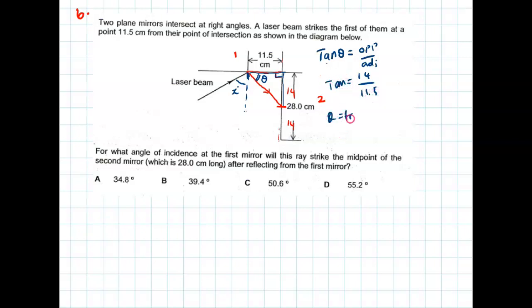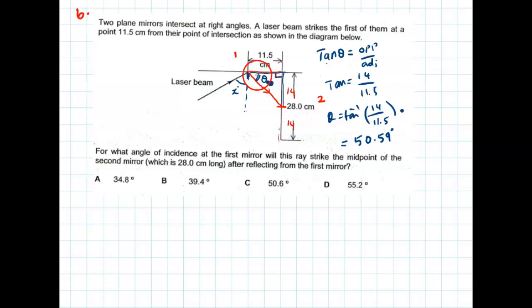So theta is equal to tan inverse 14 over 11.5. So the answer is 50.59 degrees. So here is 50.59 at this point.